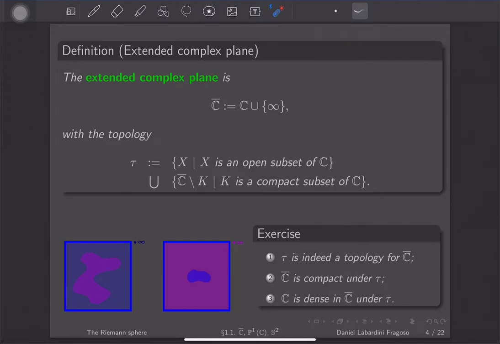If you want to start thinking about the fact that one really wants to have a sphere, you can think that this should be the case in order for us to obtain some sort of sphere, that the opens that contain infinity can be obtained by chopping off just compact complements.